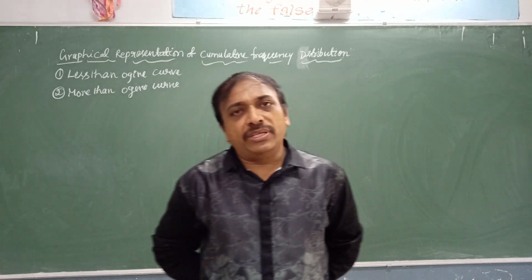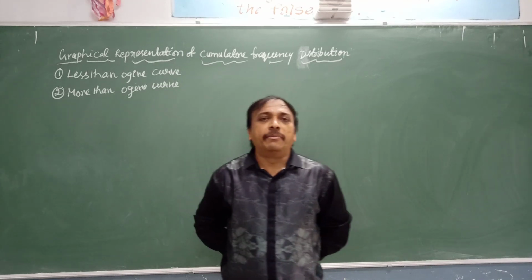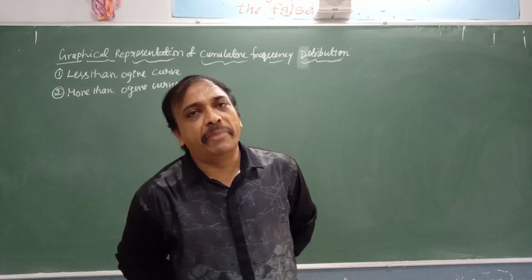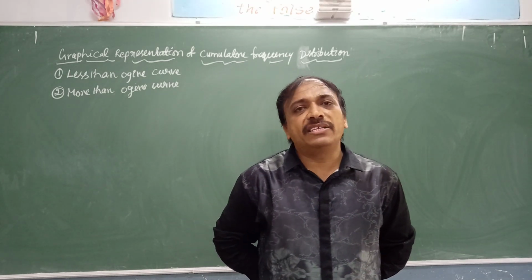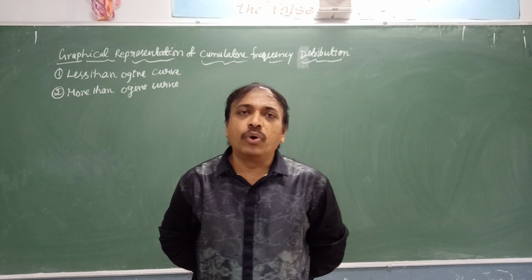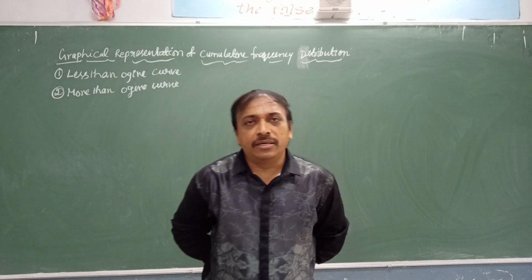Now, in the previous session we discussed the measures of central tendency: mean, median, and mode. Mean is calculated by the direct, assumed, and step deviation methods, and we calculated the mode and median for the given data.